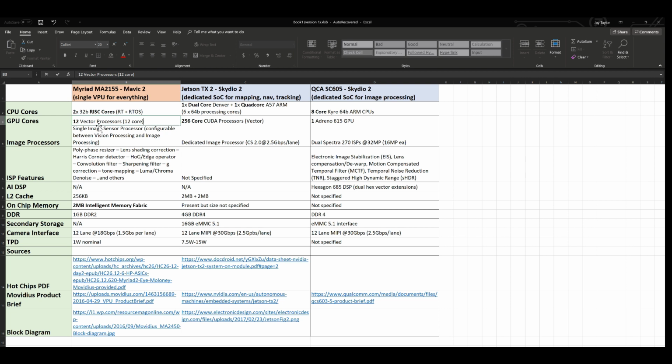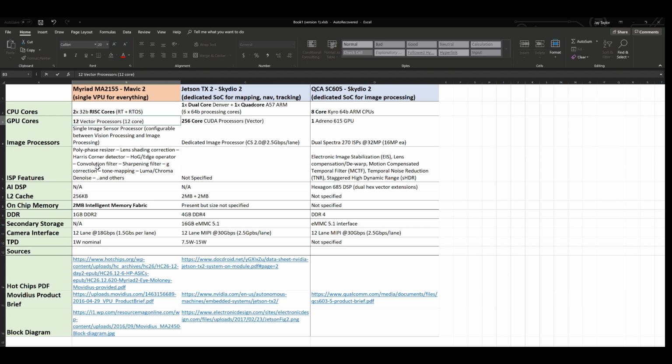They've got IR sensors and things like that, so that would be handled by a different piece of hardware. Then some of the basic features in the image processor: it has a bunch of hardware accelerator blocks that make up that image processor. These hardware accelerator blocks split their time, where some of the blocks are dedicated to machine vision, and some of the blocks are dedicated to image processing.